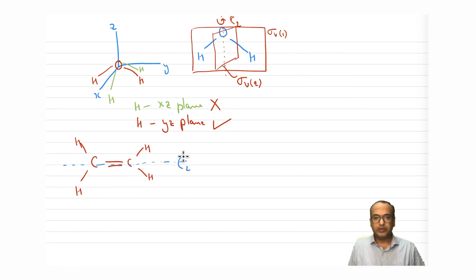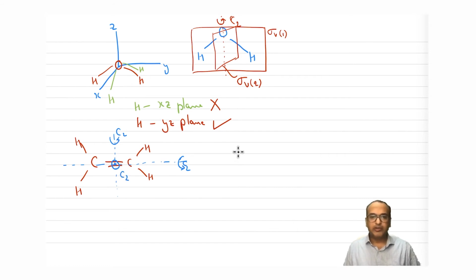One is passing through the CC double bond, which is C2. Then another is perpendicular bisecting the CC double bond, which is also C2. And the third one is perpendicular to the plane of the board and perpendicular to both of these C2s. So this is the third C2.